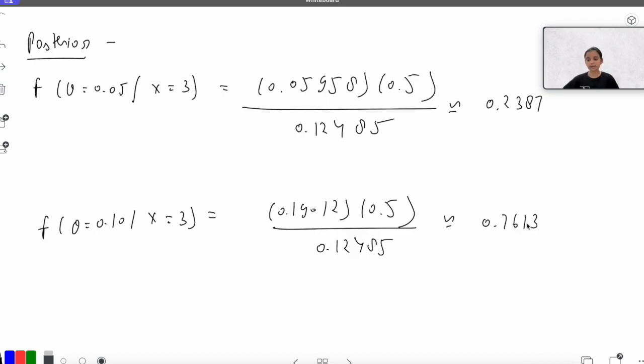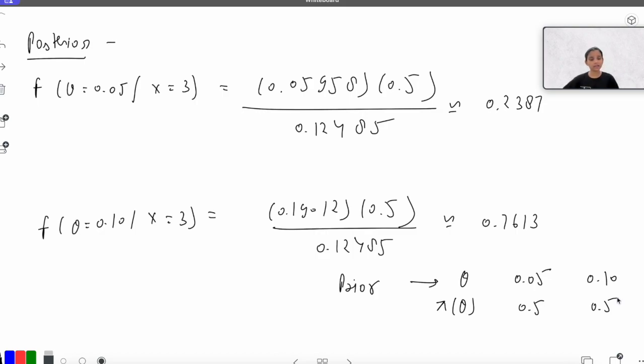Now notice one thing. In the previous case, when we are defining the prior, when theta is taking the value 0.05 and 0.10, my prior distribution is assigning them the probability as 50-50%.